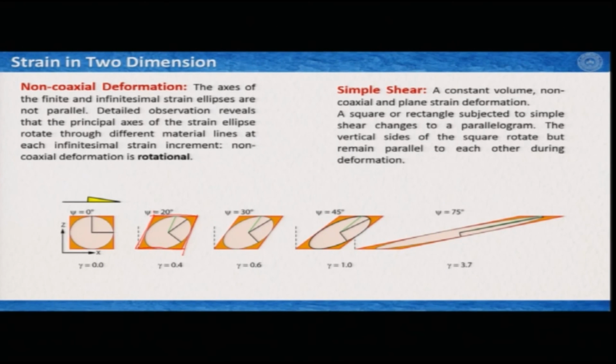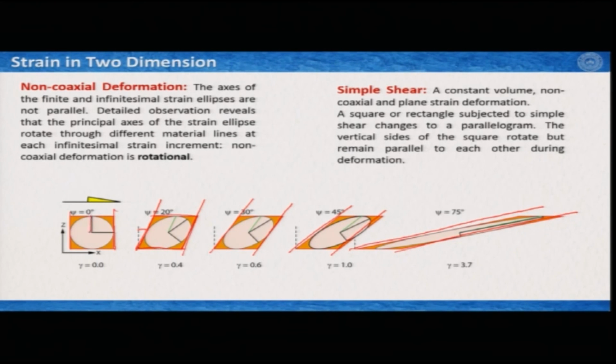What do we mean by this? These two lines are the vertical lines. With deformation they rotate. For example, here the rotation is 20 degrees and therefore the shear strain is 0.4, but these two lines remain parallel. Again, it does not matter how much you rotate them, by means of simple shear these two lines remain parallel, and therefore this is a homogeneous deformation.